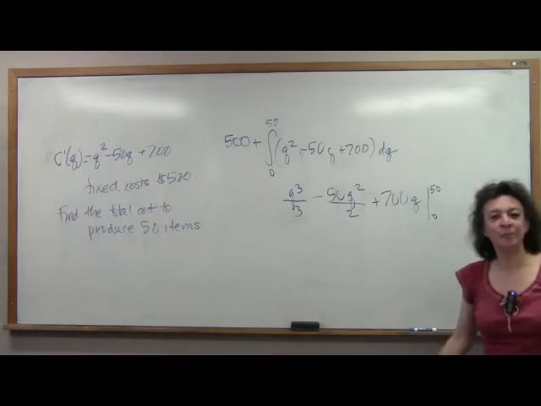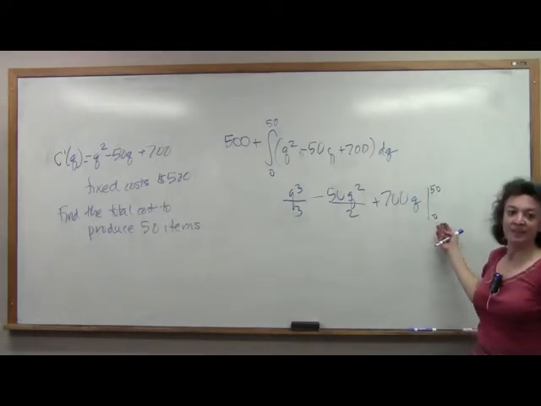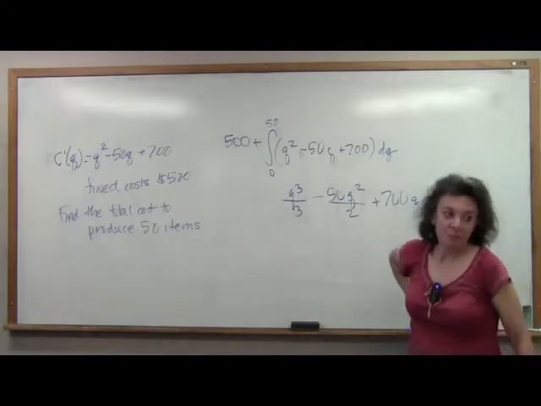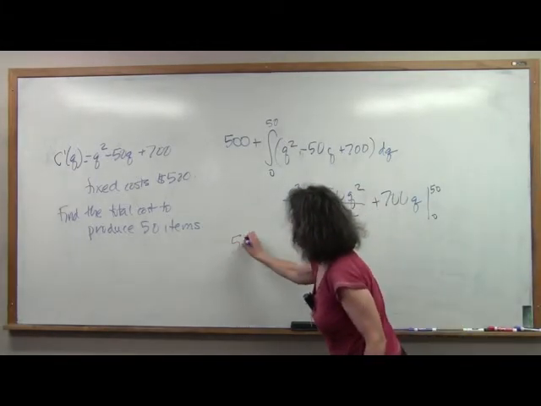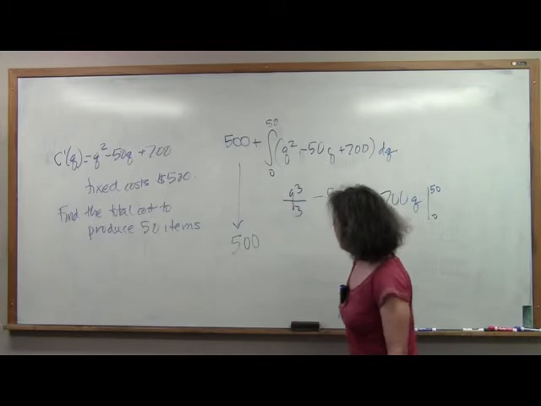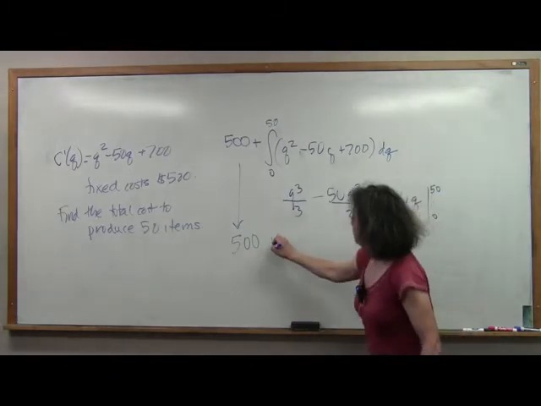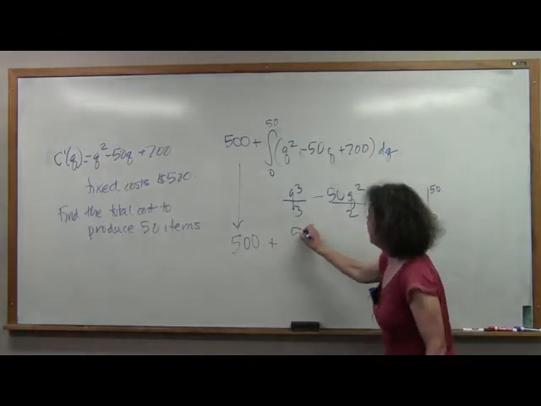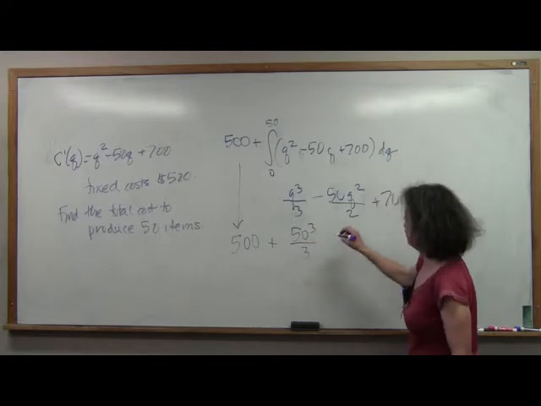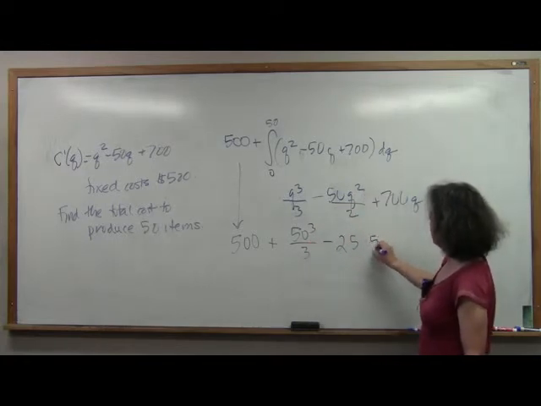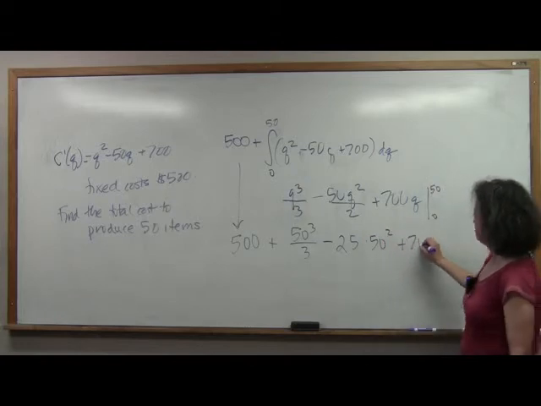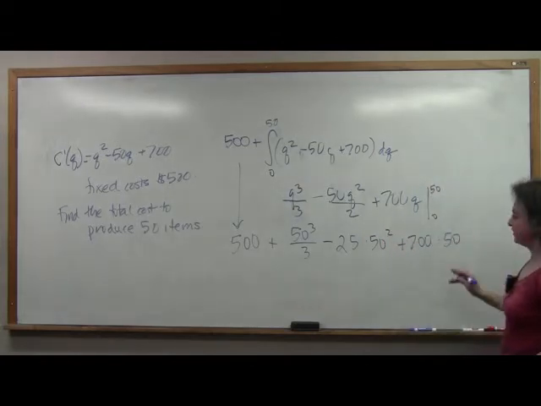Notice we have a polynomial, which is sweet because plugging in 0 is a moot point. So really what we need to compute is, we got this 500 we're bringing down, plus, well, 50 cubed over 3. I'm going to simplify that, minus 25 times 50 squared, plus 700 times 50.